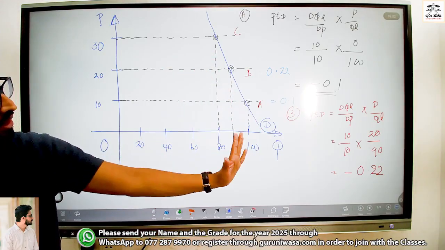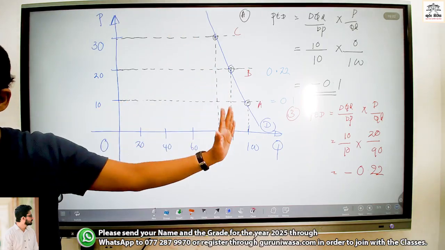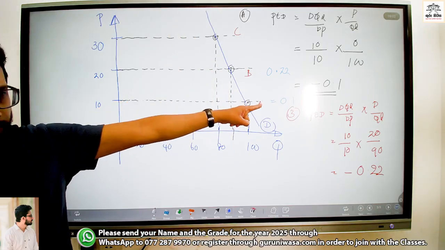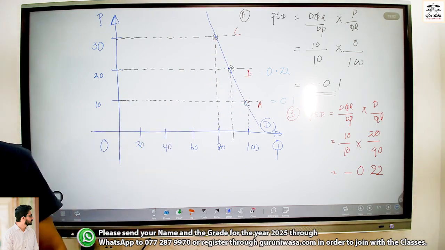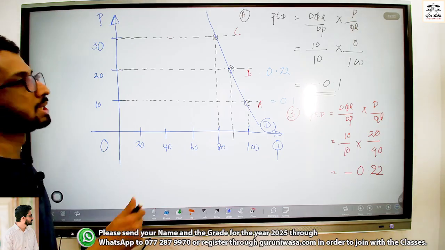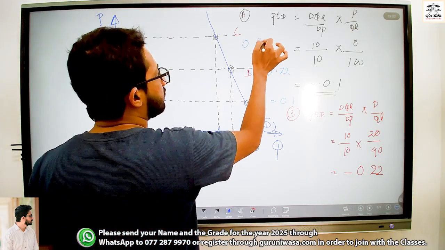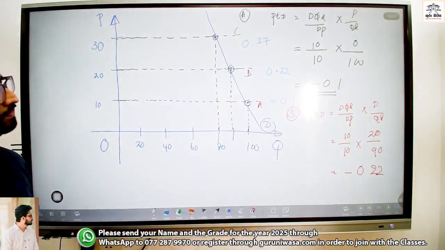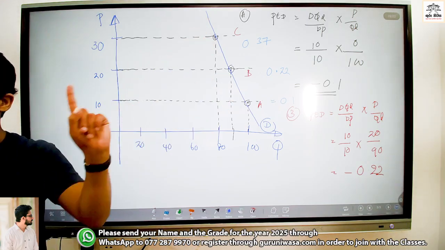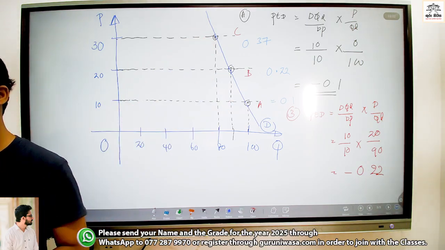What happens to the PED value? 0.1, 0.22, next 0.3, 0.337, but still it's less than 1.